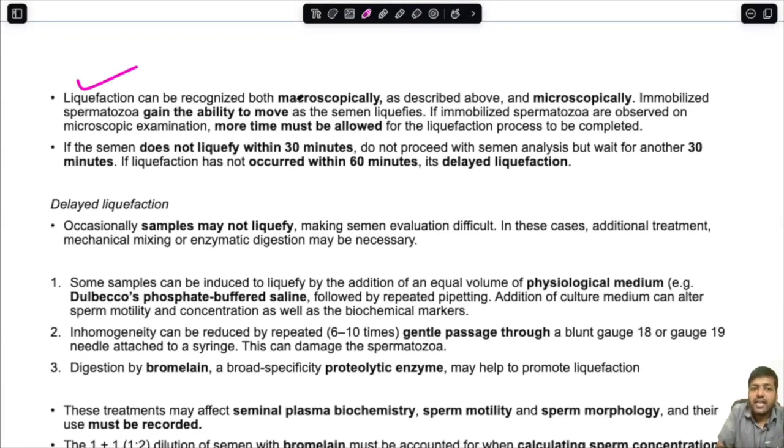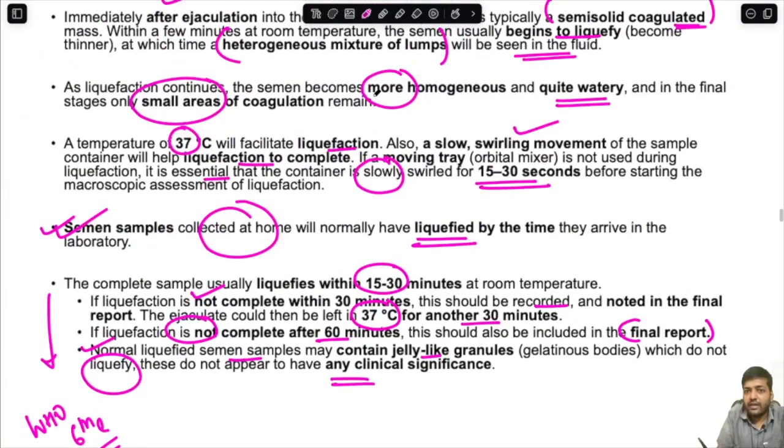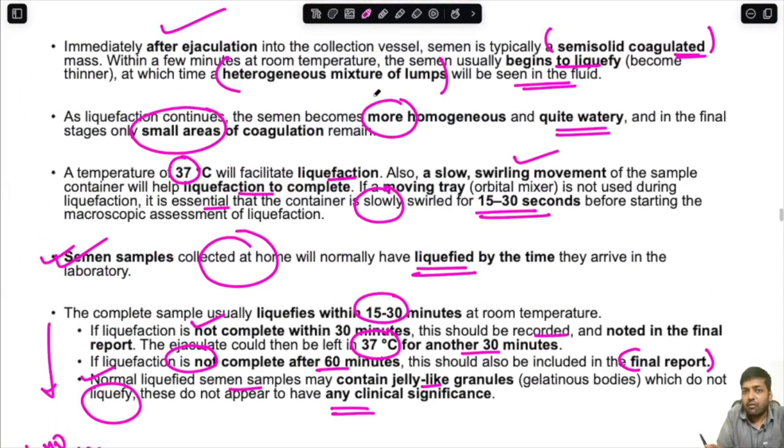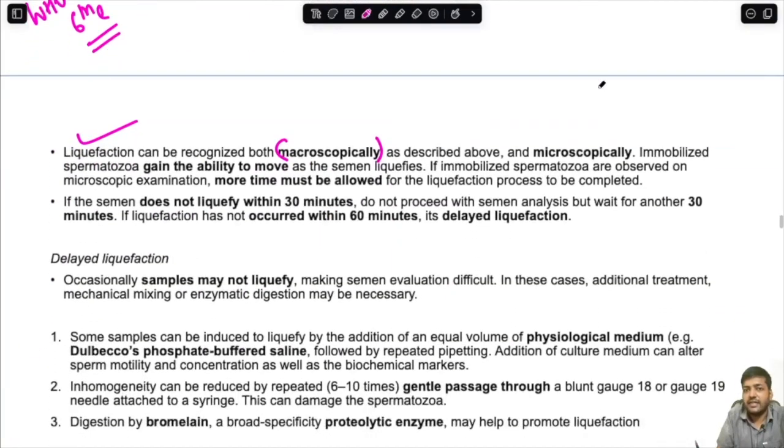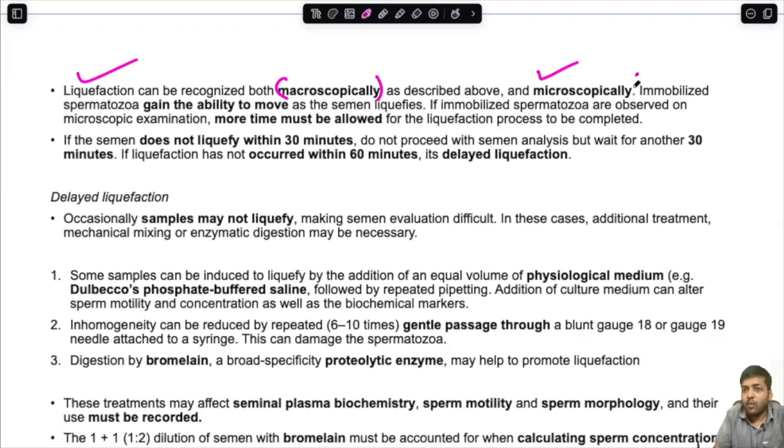So liquefaction can be recognized both macroscopically, as we have seen over here, that when they completely liquefy, they become homogeneous and they become watery in the final stages. And also microscopically you can confirm the same. Immobilized spermatozoa gain the ability to move as the semen liquefies.